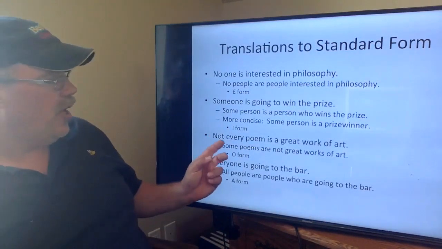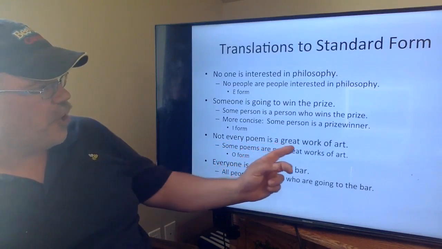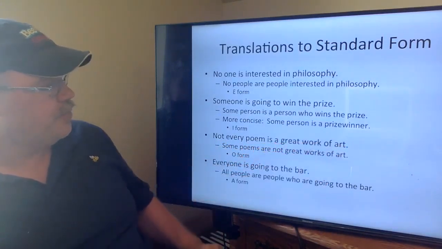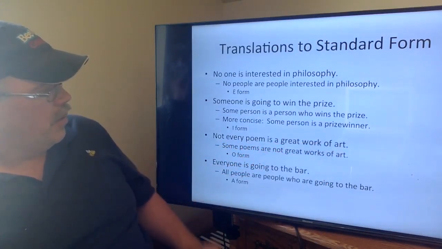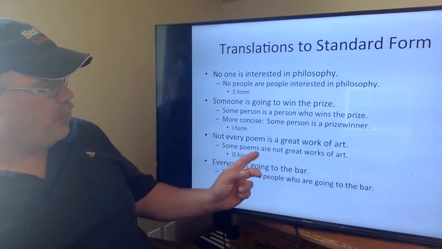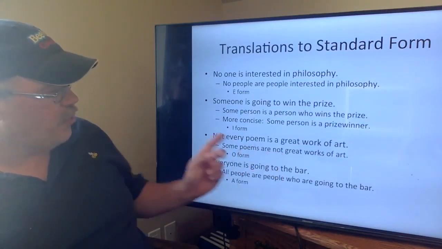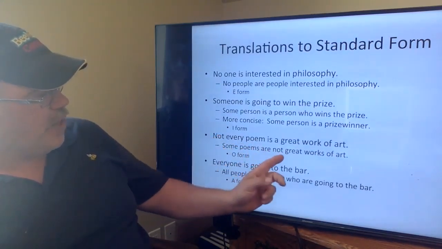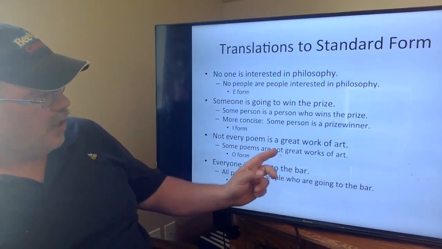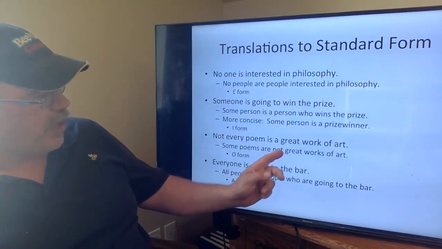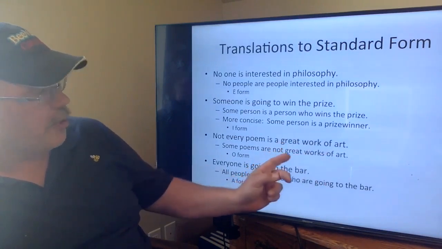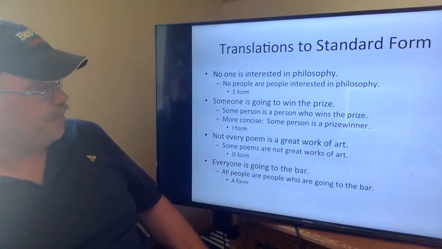The next one: not every poem is a great work of art. So we have some poems are not. We've got to make sure that we always keep our nots. And then the predicate, things that are great works of art.